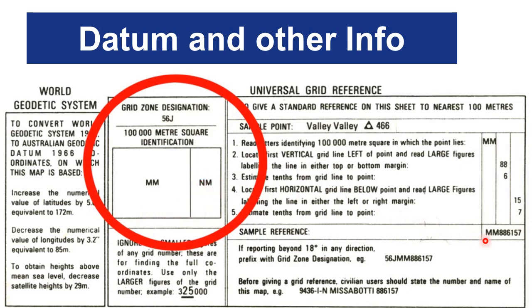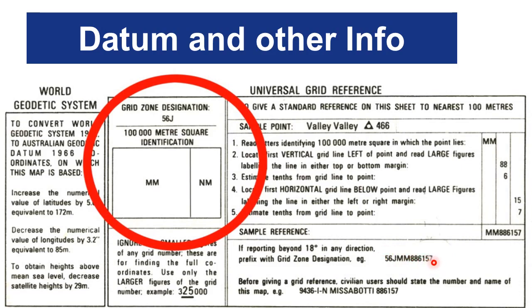Now over here in this example, it's shown that the sample reference is Mike 886157. The full six-figure grid reference would be 56 Juliet Mike 886157. Of course, if you're talking to someone and you know that they're in your area, in your same grid zone and 100 kilometer square, working off the same map, then normally you just give them the six-figure grid reference.